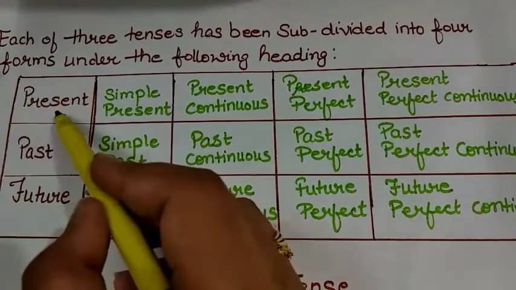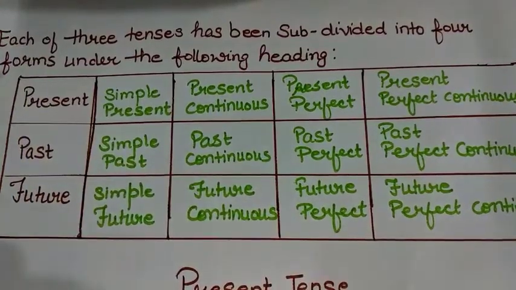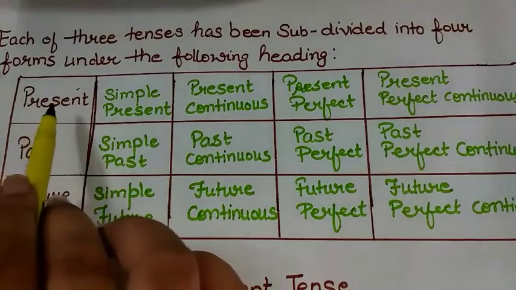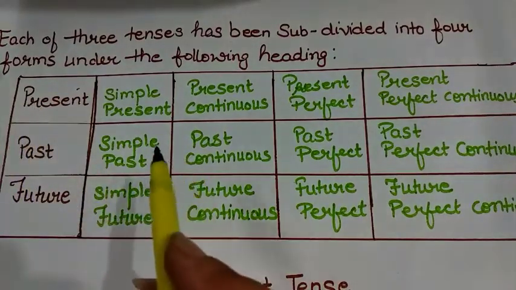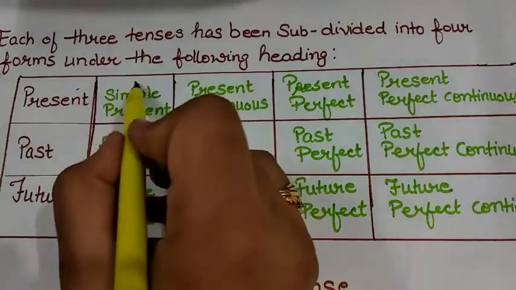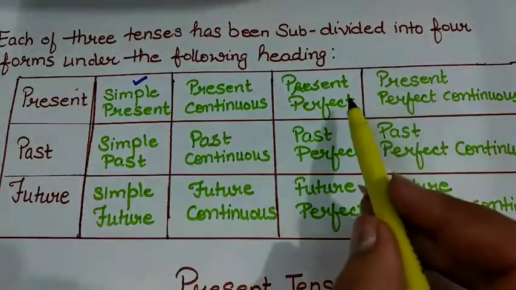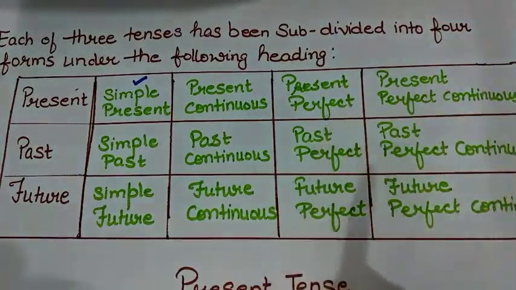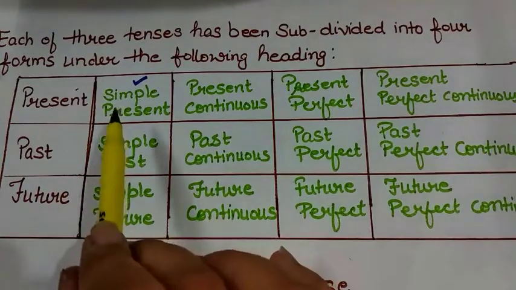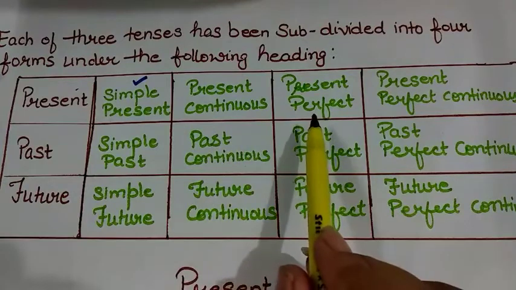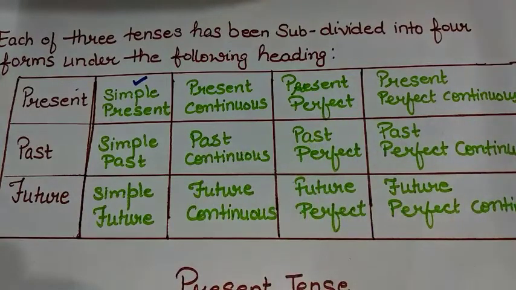Like see, basically we have three tenses: present, past and future. And each tense is further subdivided into simple present tense, present continuous, present perfect and present perfect continuous.